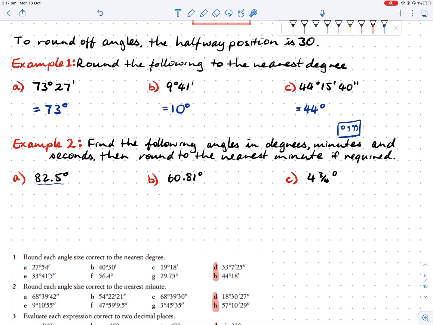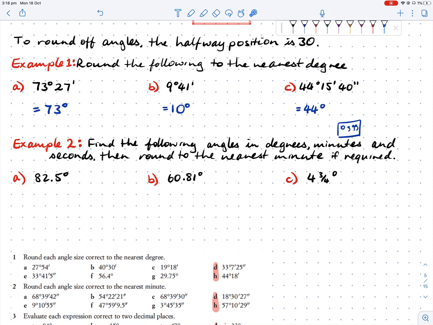So for these questions, if you want to change back and forth between degrees, minutes, and seconds and a decimal, we treat that button like our SD button. So what we're going to do first is, with our question, put this into the calculator. You're going to put in 82.5 degrees, so bubble button, and press equals.